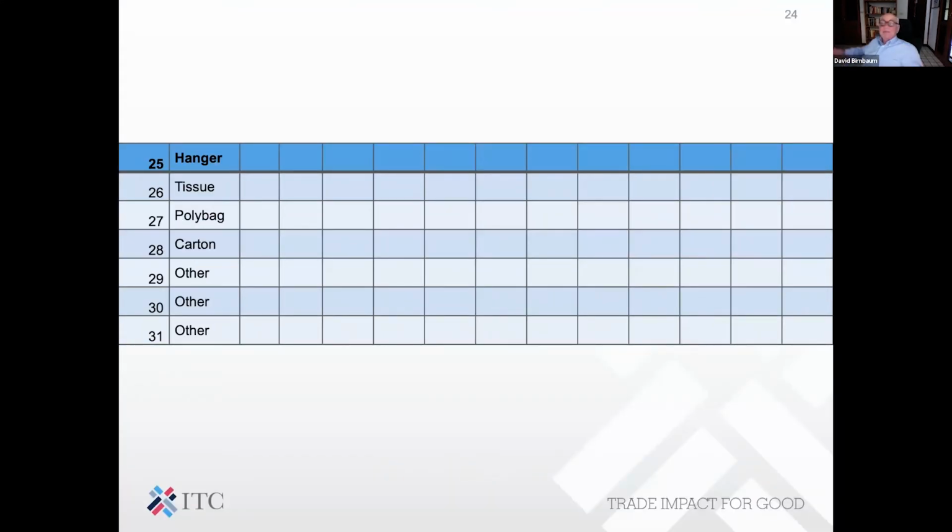Then you have the packing materials, the tissues, the polybag, the carton, other. Depending, they can run certainly as many as 25 or 30 trim items. Or if it's a t-shirt, you're running 4 items, 5 items. This is a basic tool that you need.